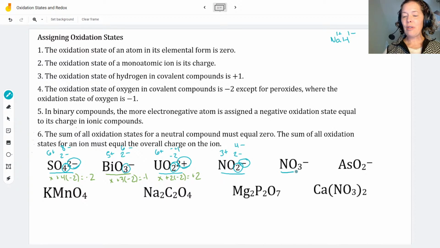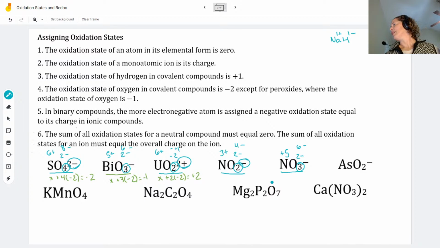You can see it's going to be not quite the same for nitrate because I have NO3 instead of NO2, but the idea is the same. Oxygen is -2. I have 3 of them. That's going to give me overall -6 because I want -1. Then nitrogen here is going to be a +5. So you can see that even with very similar compounds, you can end up with different oxidation states for nitrogen depending on the different elements in there.